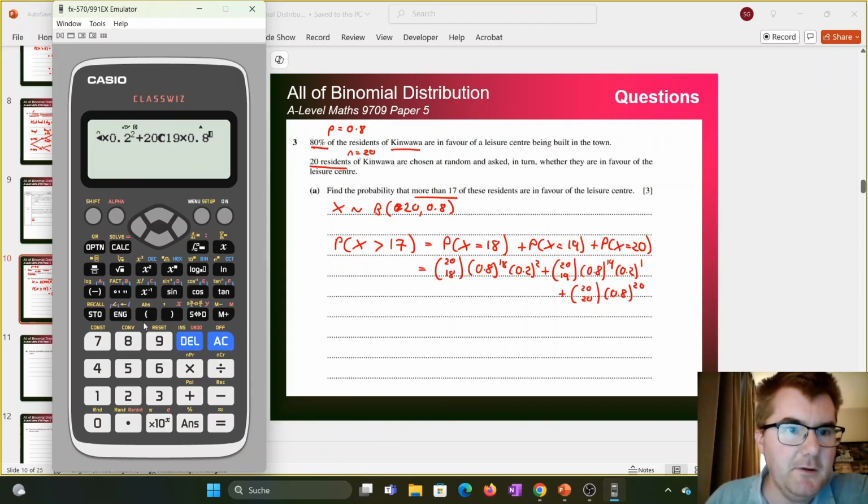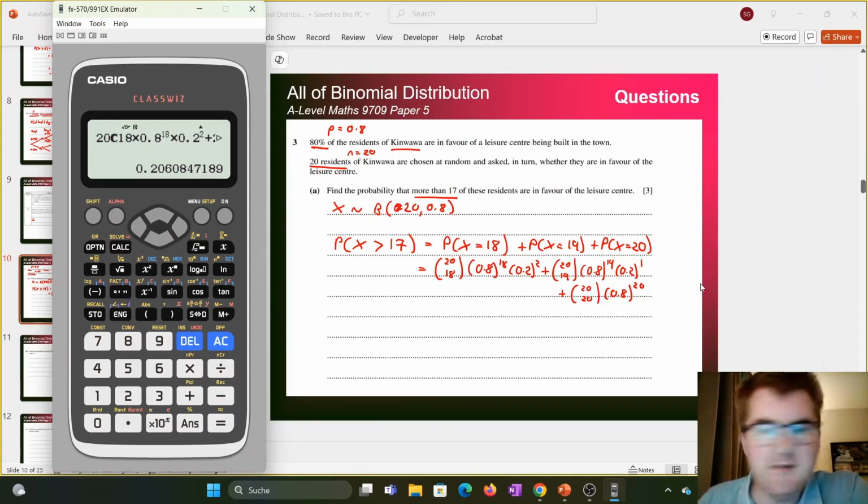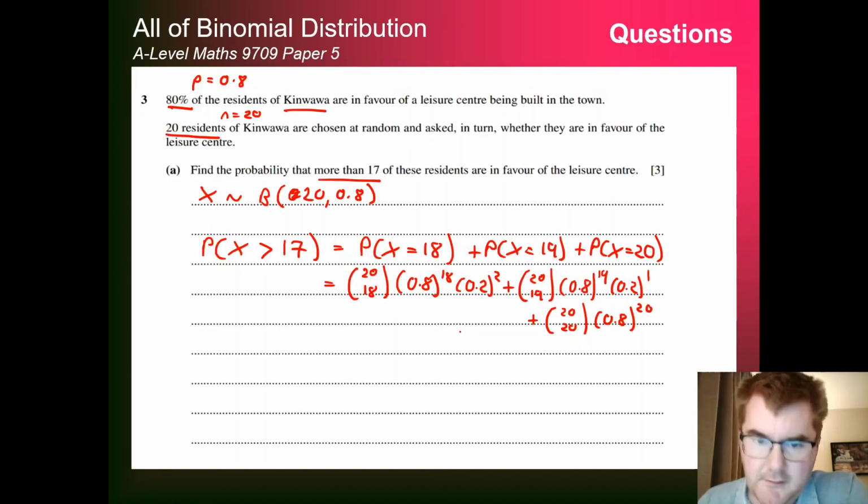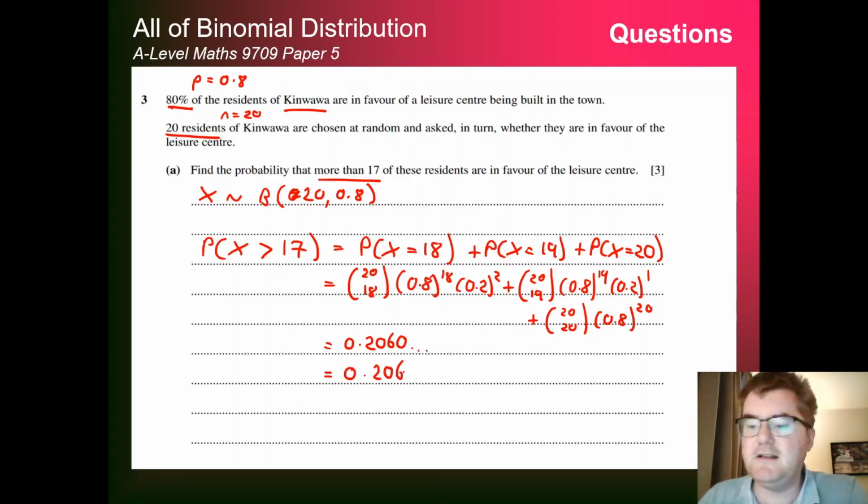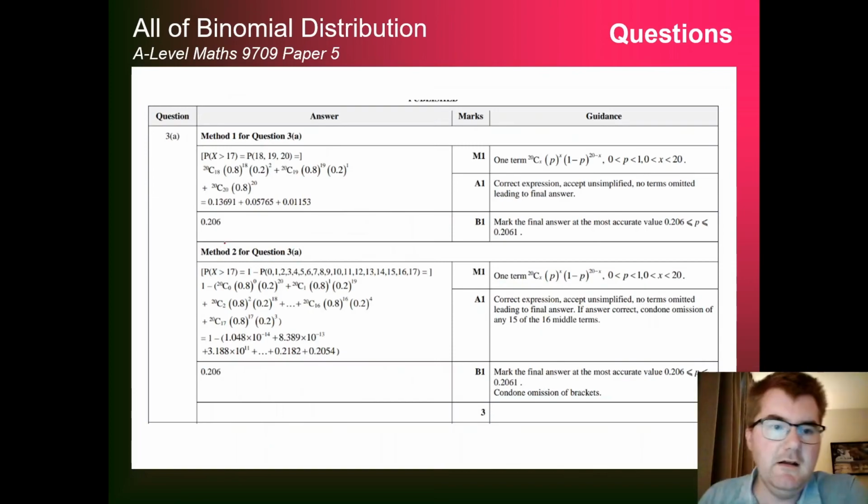I seem to say the phrase pop this in quite often. Times 0.2 plus, and the 20 choose 20 is just 1, so we can just go 0.8 to the power of 20. That gives the answer of 0.2060, which rounds to 0.206.